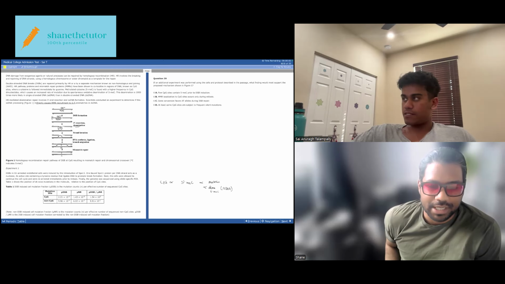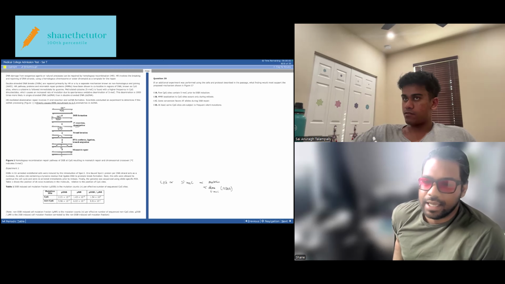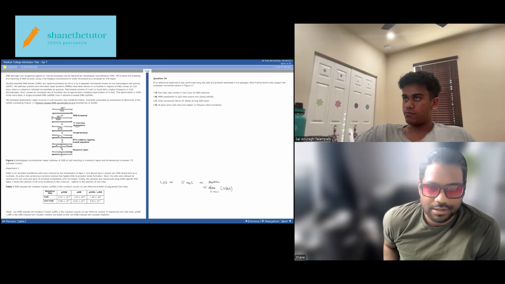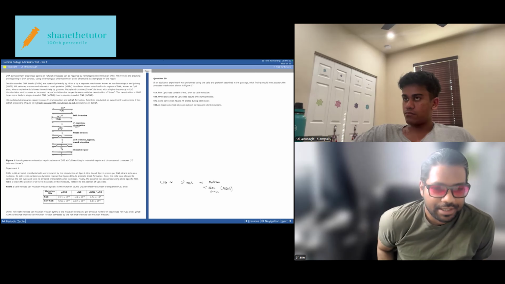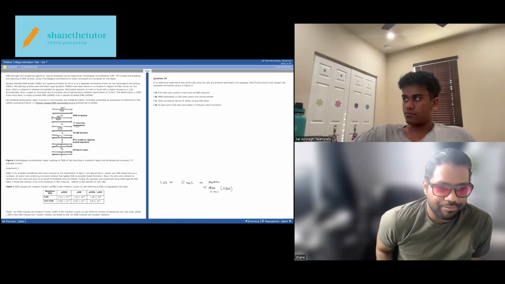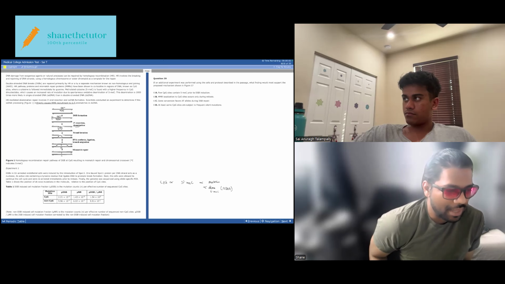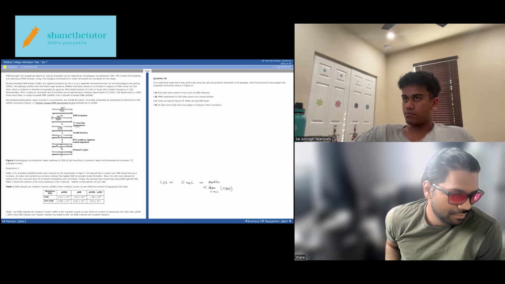So now it seems like overall, HR repair and MMR can interact at CpG sites primarily to manage the mutations that come from that deamination. Yeah, that makes sense.